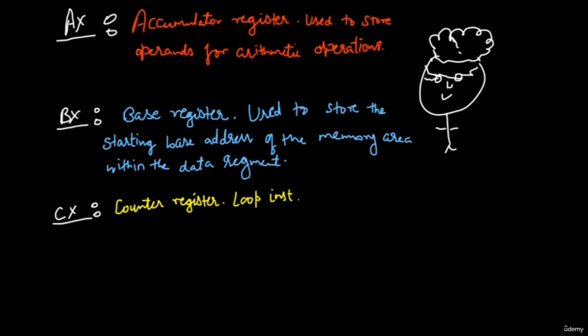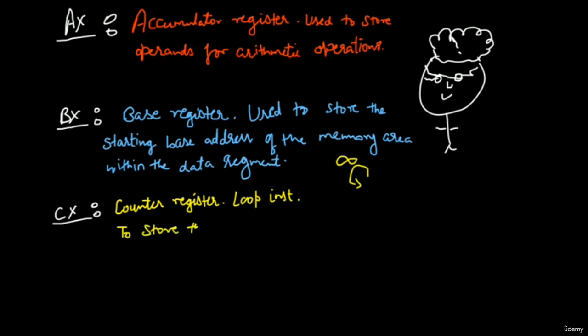Loop means when something is repeating again and again. Unless you determine something, it will run to infinity. That is called a loop. Obviously we need to store the loop, so it is also used to store the loop counter.